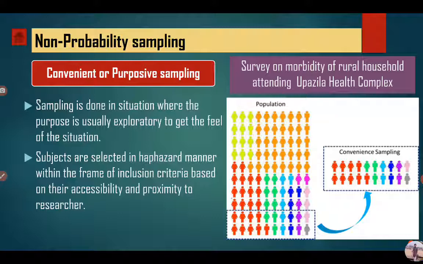So this sample does not represent the whole population, and so it is a non-probability sampling technique. Another important point is that in purposive or convenience sampling, a sampling frame is not made.